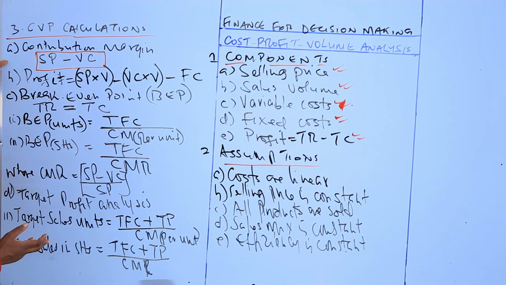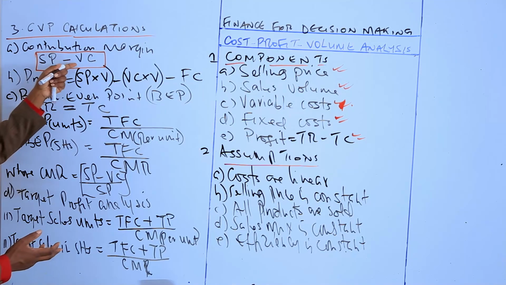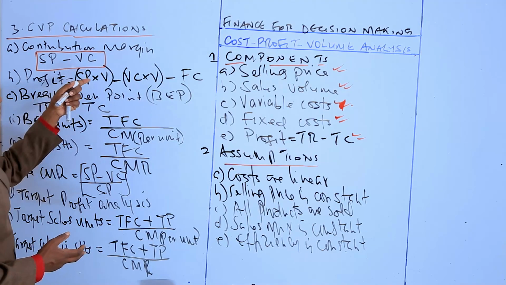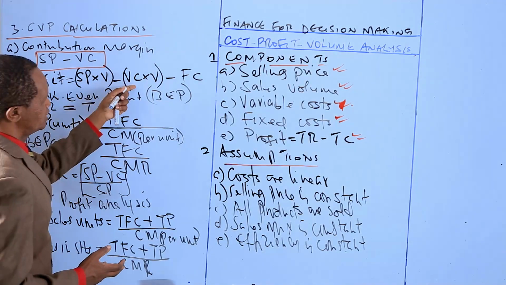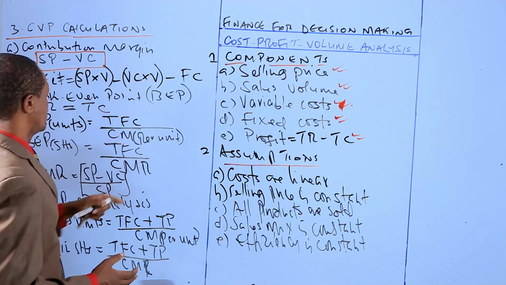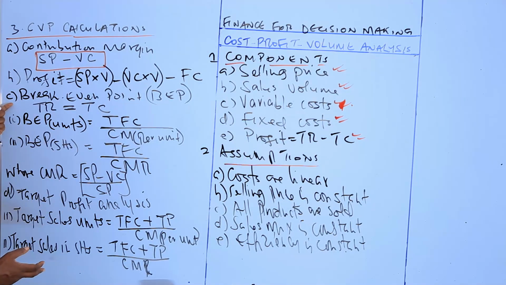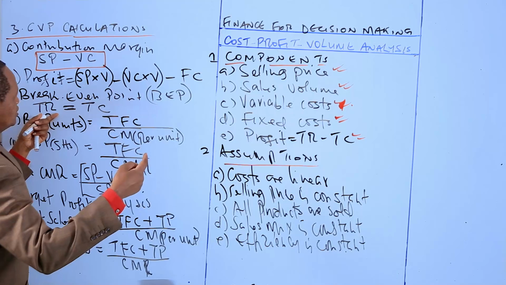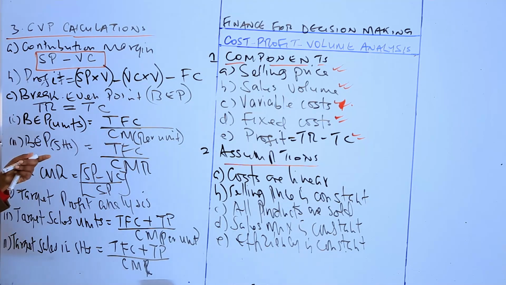You have the contribution margin, which is equal to selling price minus variable cost. You have the profit equation, which is equal to the selling price per unit times the number of units, minus variable cost per unit times the number of units, minus fixed cost. Then number 3, we have the break-even point. At break-even point, we've said profit is 0, which is equal to total revenue minus the total cost. It is at break-even point that the total revenue will equal the total cost. Then we can determine this break-even point either in shillings or in units.